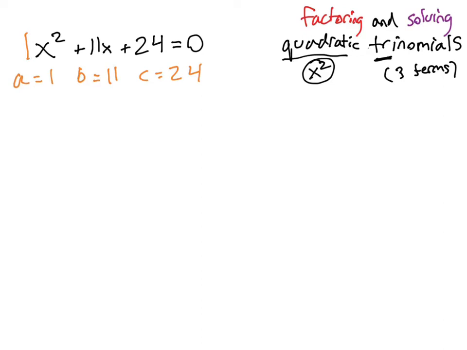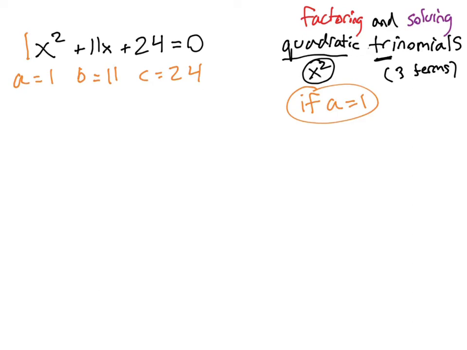And today we're just going to look at factoring in the case that our leading coefficient, a, is equal to 1. If a is not equal to 1, then we can use a similar method as what we're going to see here, but with some slight modifications.